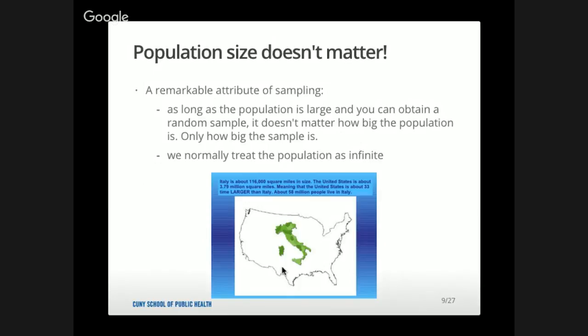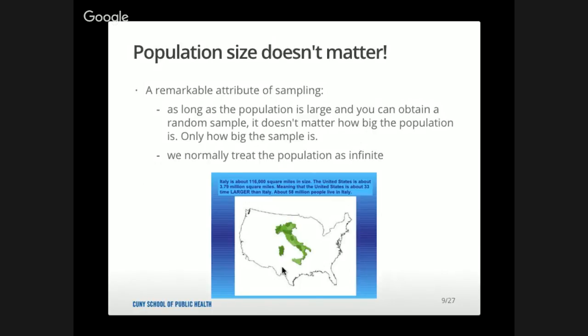They don't take a larger sample because they're trying to cover such a larger area and larger number of people. It, of course, may be more challenging to get a representative sample in the larger population, but as long as you take the pain of getting a representative enough sample, then all that matters is your sample size.